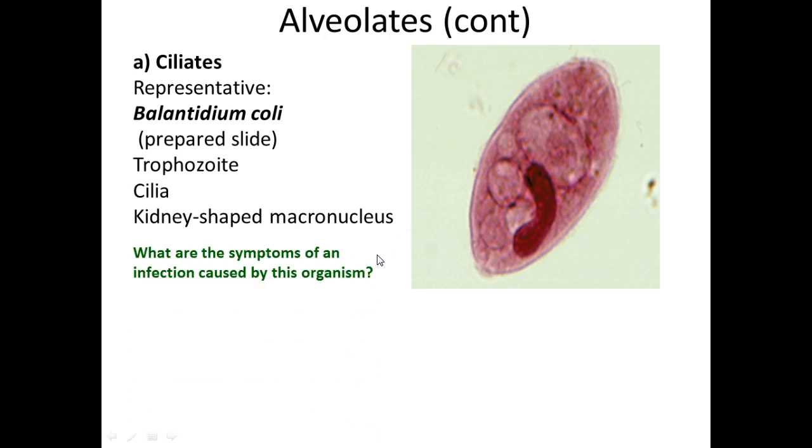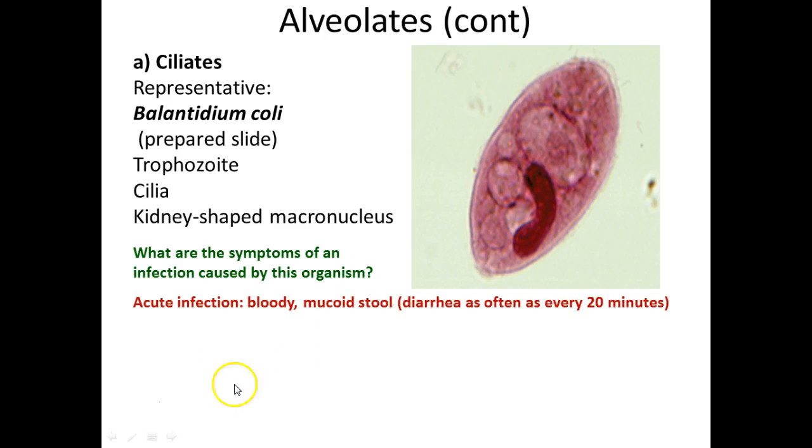What symptoms would you have for an infection with one of these guys? Bloody mucoid stool, diarrhea, often as early as 20 minutes after ingestion. With chronic infection, an individual could experience alternating diarrhea and constipation.